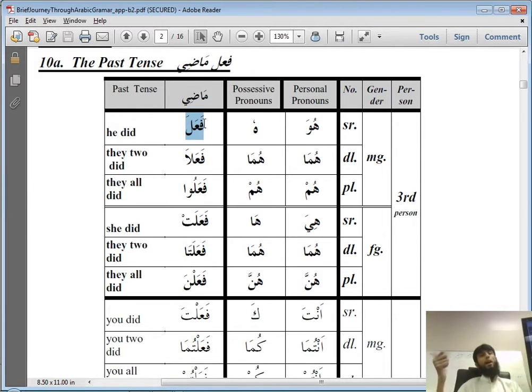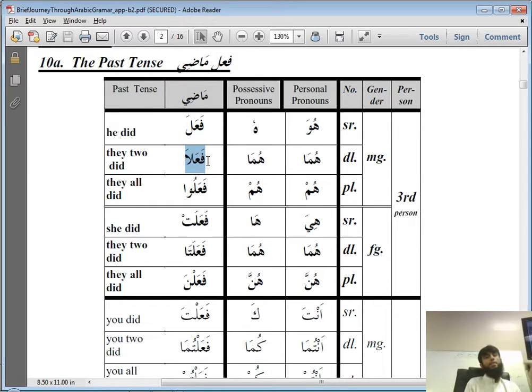"خلق السماوات والأرض وما بينهما في 6 أيام." So he created the skies and the earth, so on and so forth. Now what we are seeing is we are mentioning the action, and this is all past tense, and we are mentioning the doer. Here the doer is a third person singular male.